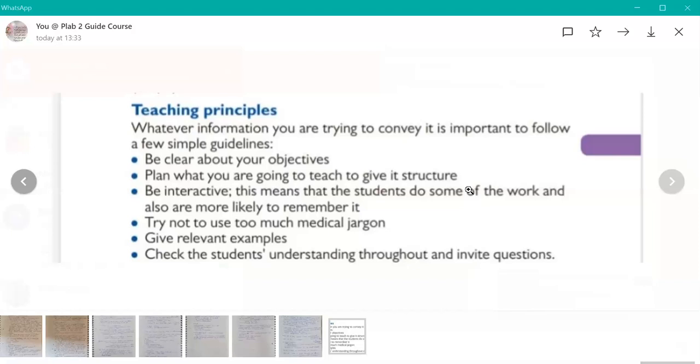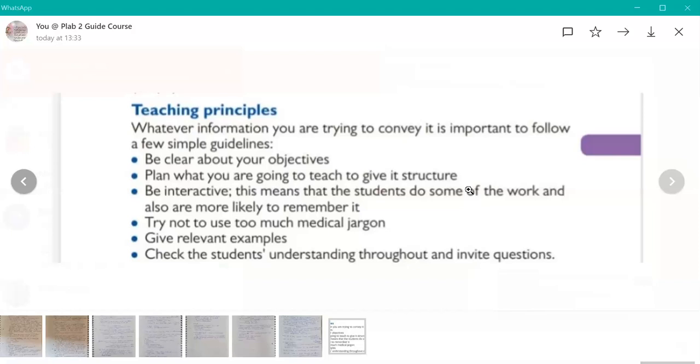It has to be organized, starting by giving an overview of what you're going to cover, and then explaining according to the structure. According to your introduction, we're going to go into details.